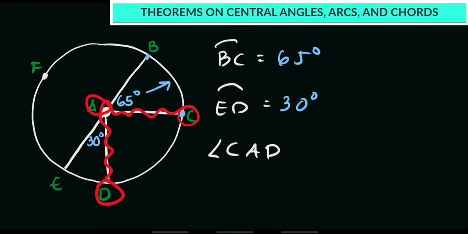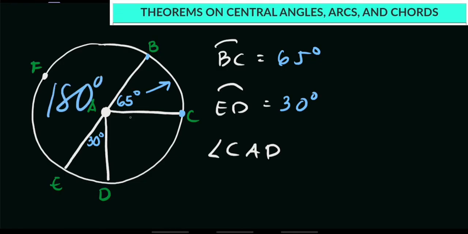To answer this, we need to apply the concept of diameter. According to our figure, line segment BE is a diameter, a line that intersects the center of our circle. If that is a diameter, it divides our circle into two equal parts. That means we have 180 degrees for this part and another 180 degrees for the other part of the circle.